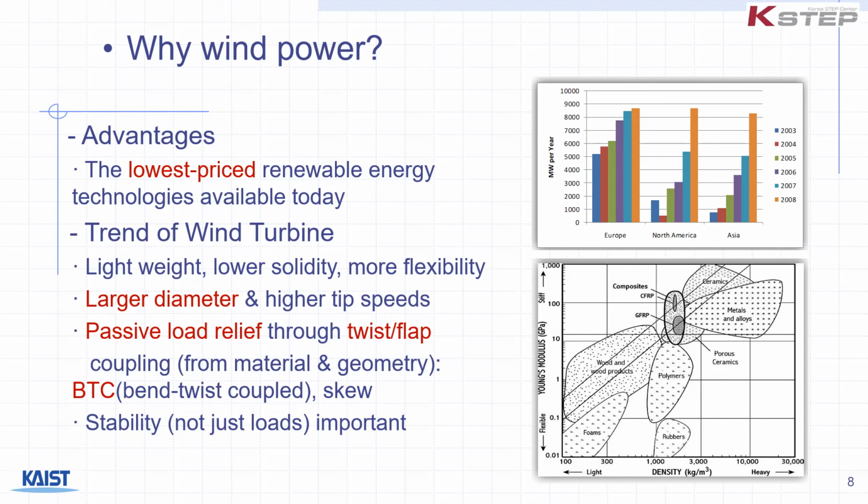We call this passive load relief of the bending stress through twist and flap coupling by using material and geometry. Okay. So we call this a BTC blade of wind power. BTC is a bend twist coupled wind power blade.